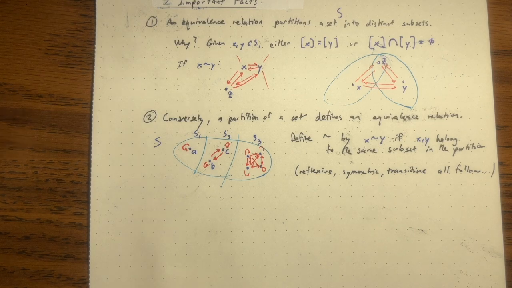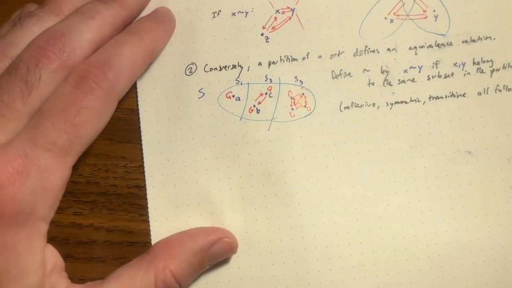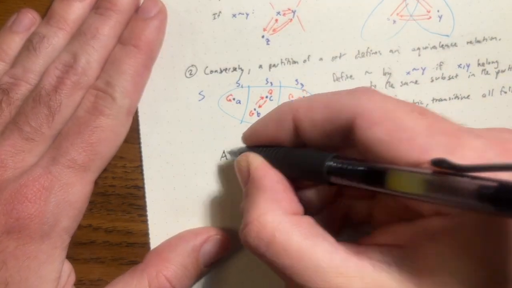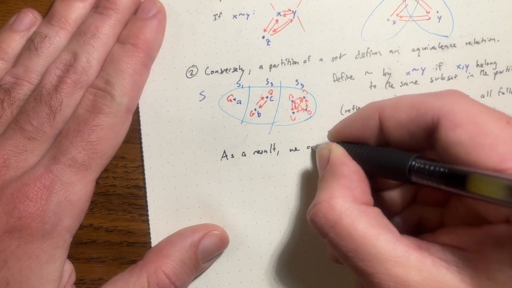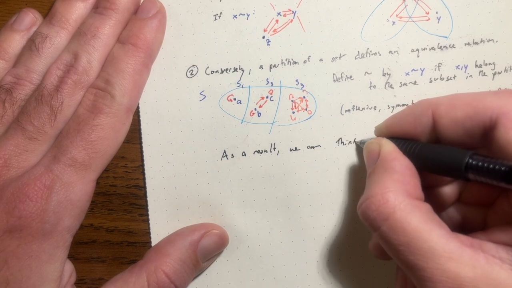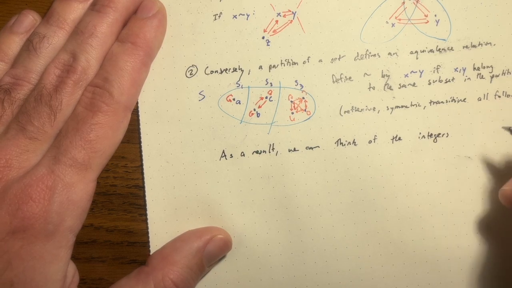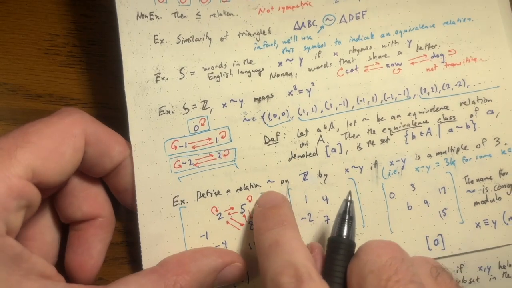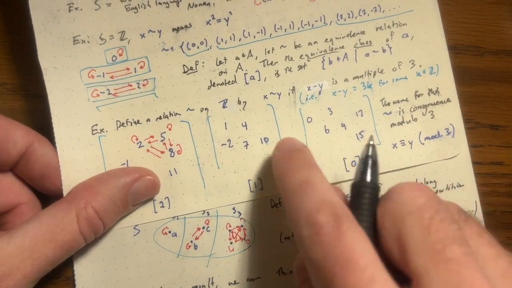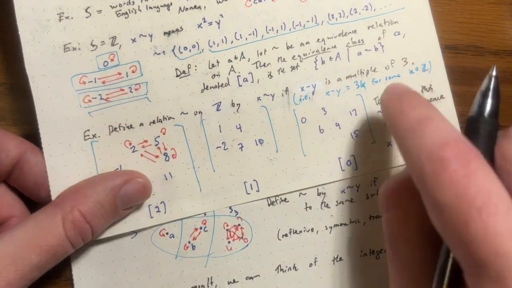All right. So just as a final note, think back to our modular arithmetic example. As a result, we can think of the integers mod 3 as the integers under this equivalence relation, tilde, where we define two integers to be equivalent if their difference is a multiple of 3.